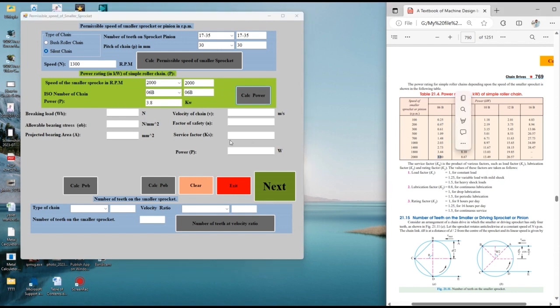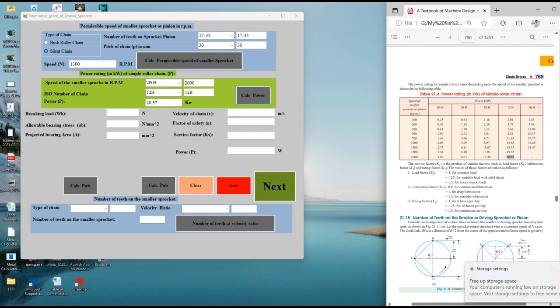Do you see here? Yeah, 3.8. Then if we change this into 16, it cannot display any value. It shows only the previous value because there is no value in the table. So let us change into 12. Yeah, do you see here?